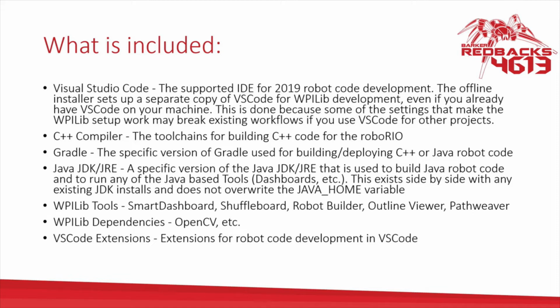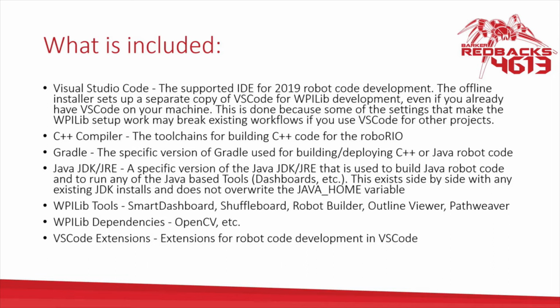It comes with Gradle, the version used for deploying C++ or Java robot code. It comes with the Java JDK/JRE, a specific version that's used to build Java robot code and to run any Java-based tools, for example, SmartDashboard. It's important to note that this exists side by side with any existing JDK installs, and it won't overwrite any JAVA_HOME variable, so that shouldn't cause issues for you, which is good.